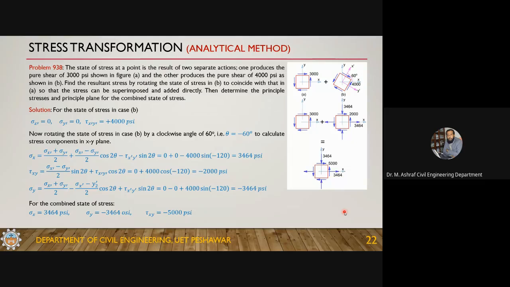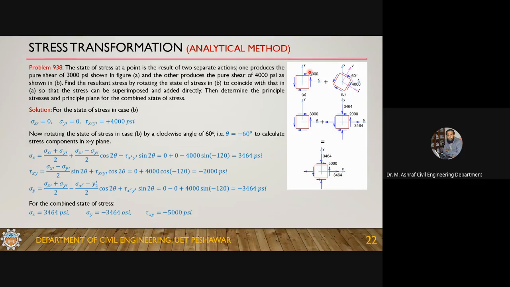Each action is analyzed separately. One action causes a pure shear of 3000 psi as shown in the figure, causing stresses in the XY plane.